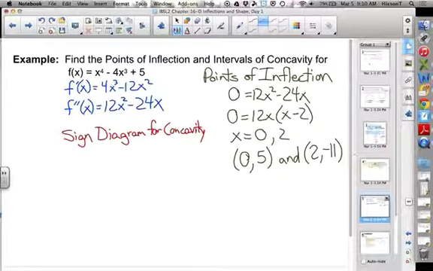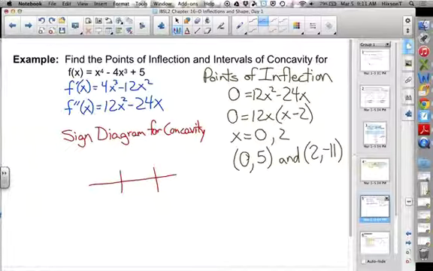Well, you're going to do different sign diagrams for the first derivative and for the second derivative. It's not like when you had things eliminated from your domain and you added that to your first derivative one. You're not going to add these to that same sign diagram. You're going to have a new one, testing the second derivative.